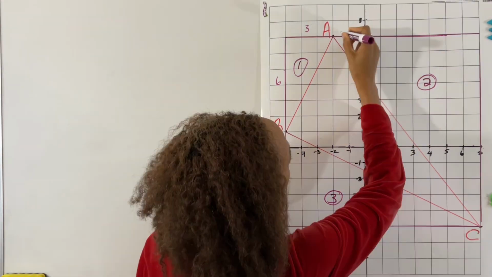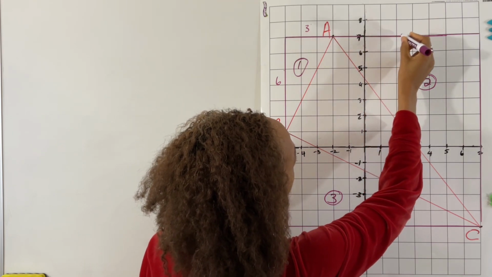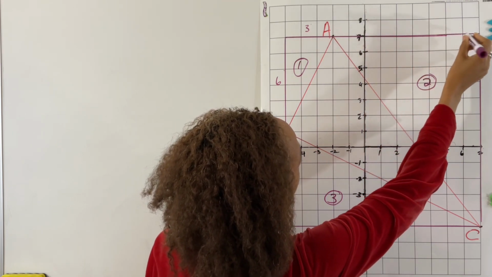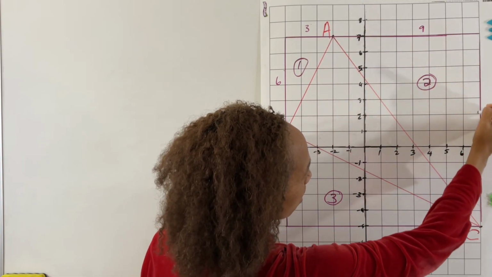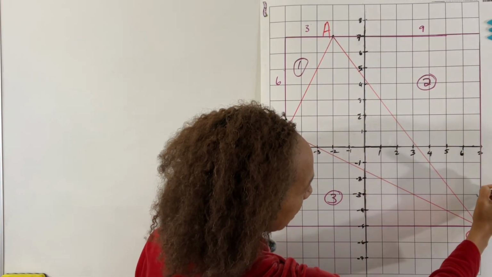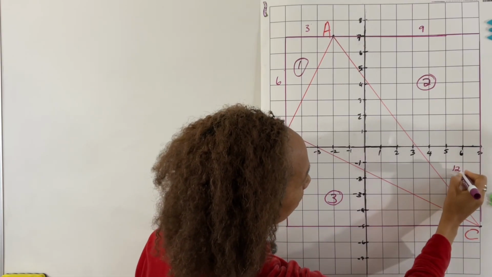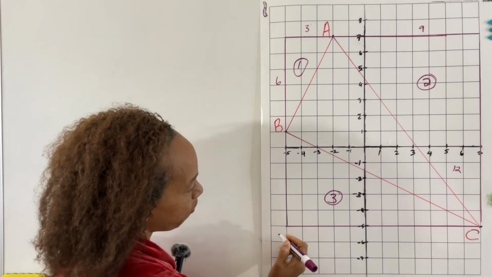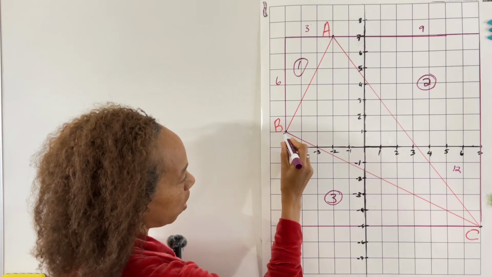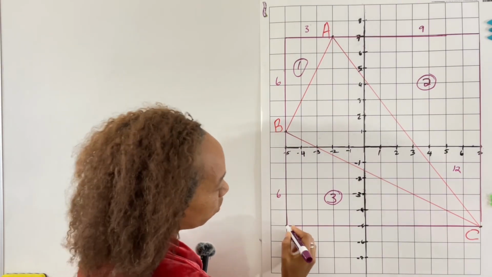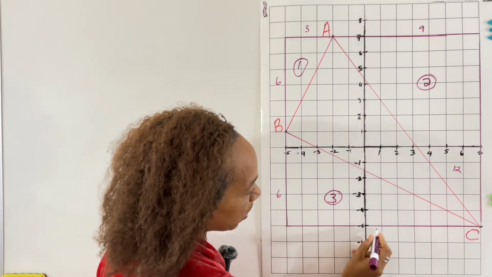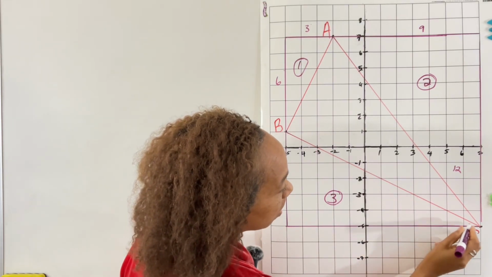I'm going to count. That's 2, 4, 6, 8. This is 9. And coming down 2, 4, 6, 8, 10, 12. So this is 12. Let's do the same for triangle 3. So we have 2, 4, 6. And going across 2, 4, 6, 8, 10, 12.